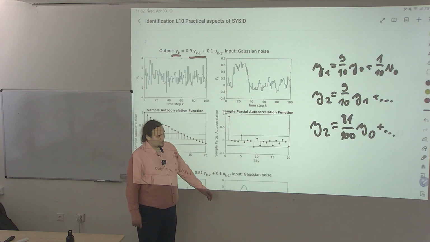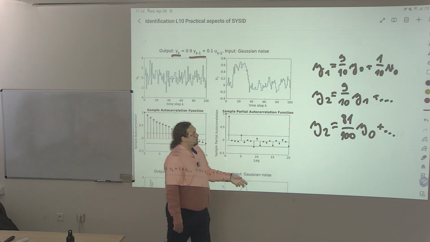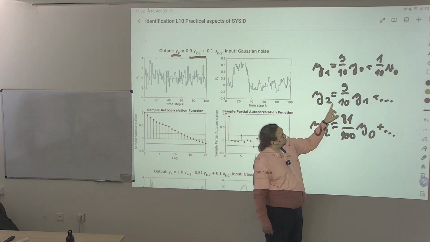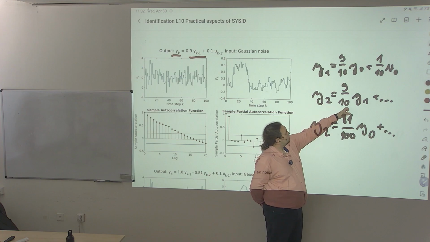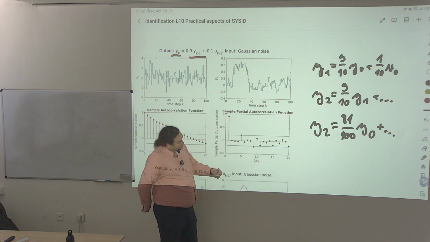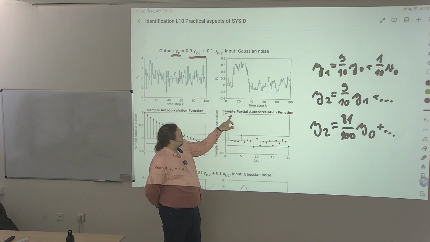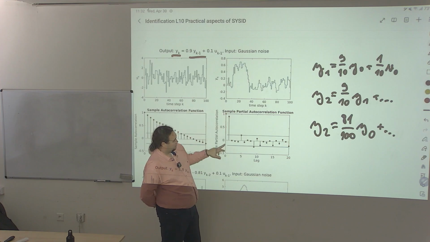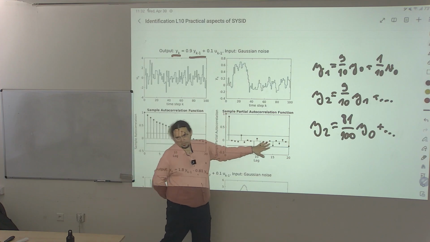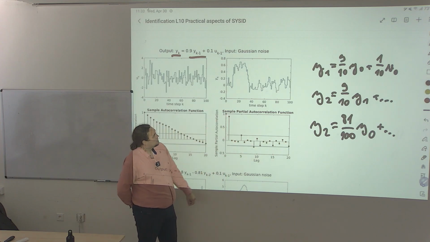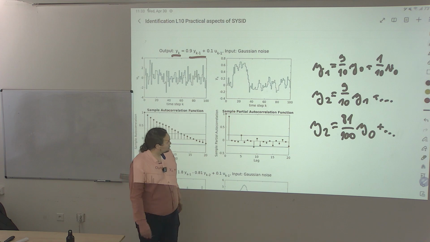I'm not going to give you the mathematics now, but the partial autocorrelation will remove the correlation that was already identified between consecutive time steps, consecutive shifts of the signals, from the picture. So that's why the partial autocorrelation function will suggest that this is just a first order dynamic system.